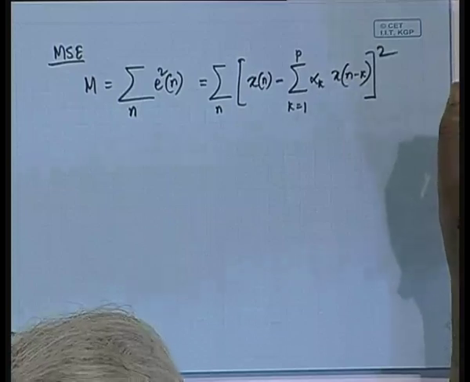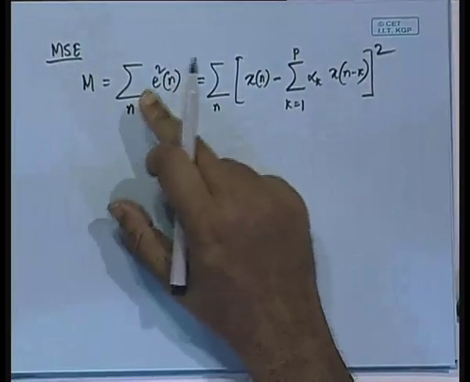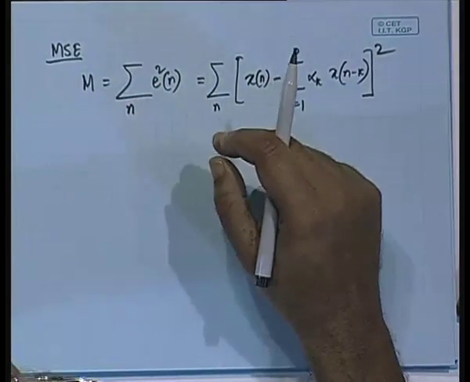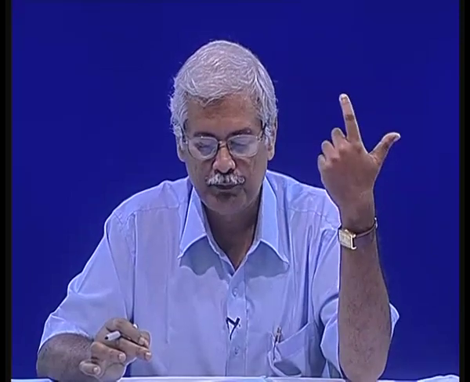But we have kept this limit of n open ended at the moment, just kept it as n, but then we have to see how we are going to minimize this error, and we determine the alpha k's accordingly.